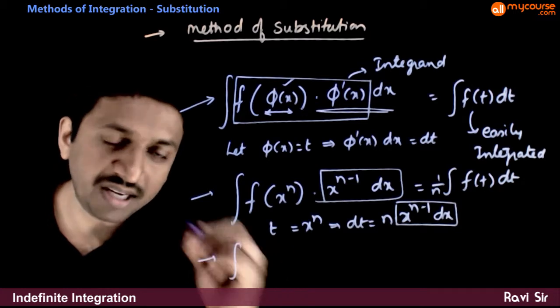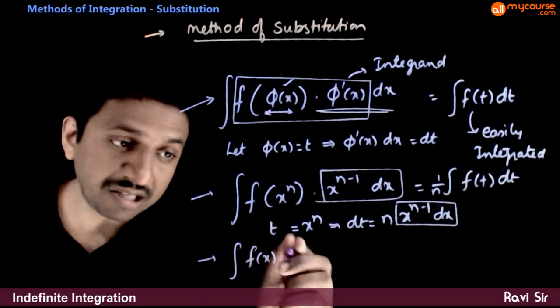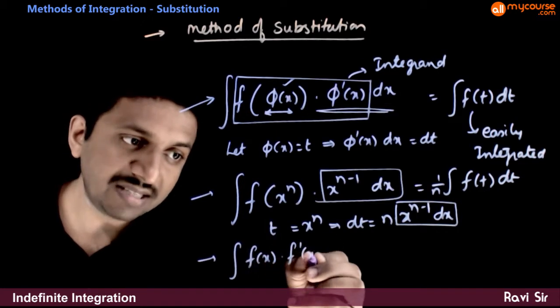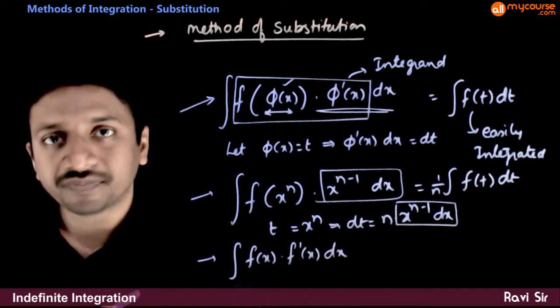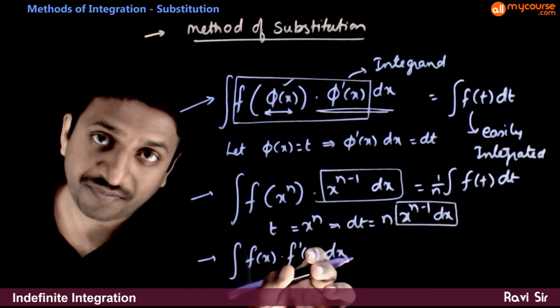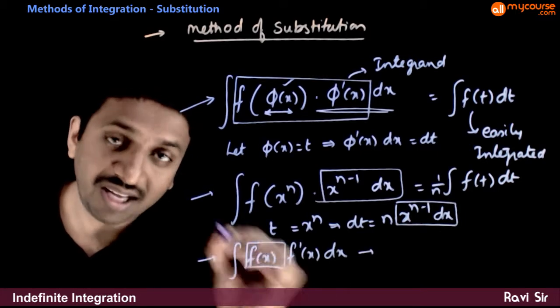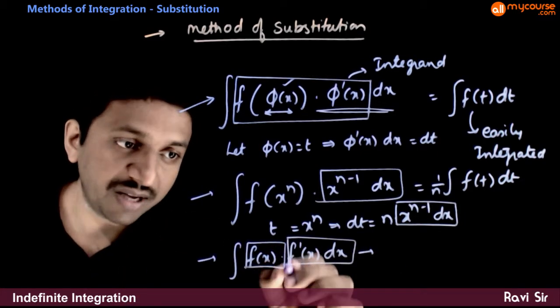And if you have integration of something like f of x, a simple function, followed by its differentiation dx. So if you have a function multiplied by its differentiation, now what you can do is, you can assume f of x is equal to t. So f dash of x dx becomes dt.